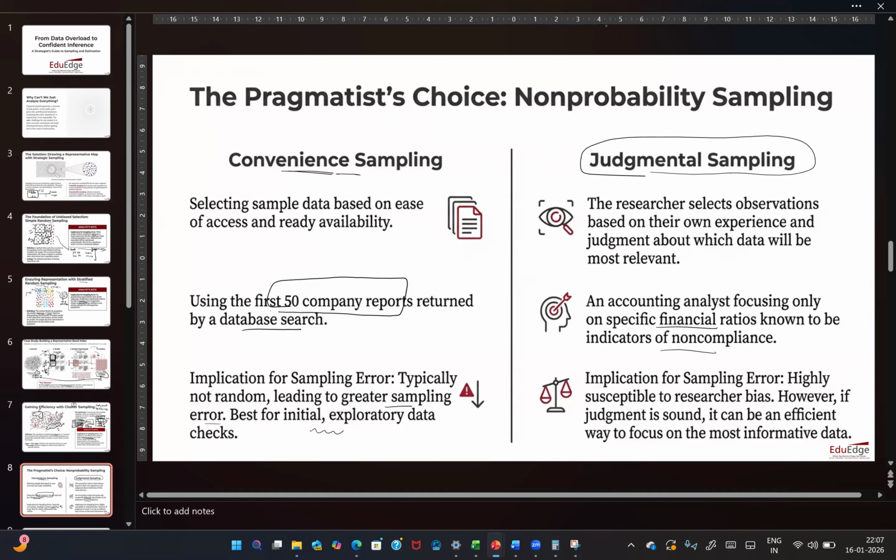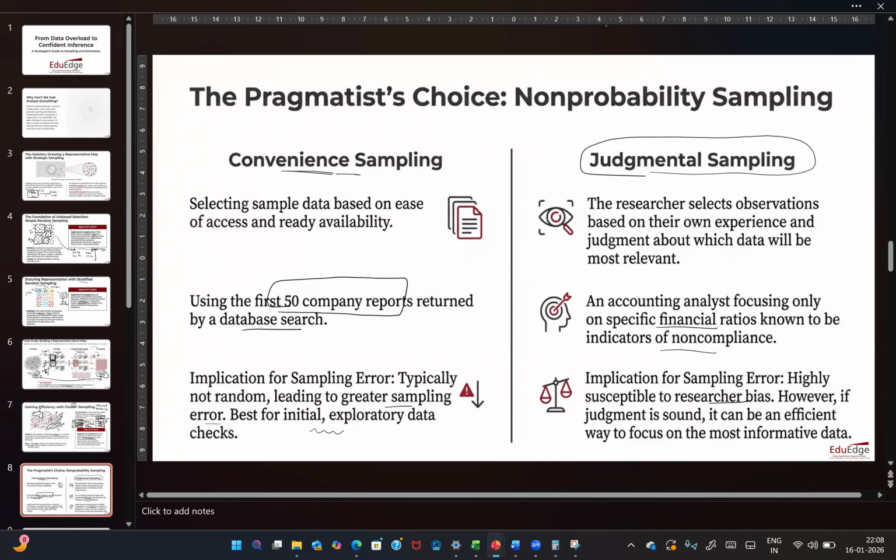The implication for sampling error is it could be high if there's researcher bias. Suppose I, as a researcher, am biased toward selecting stocks with low P/E ratio. That's my bias as an analyst, and that bias could mean my sampling error could be high.